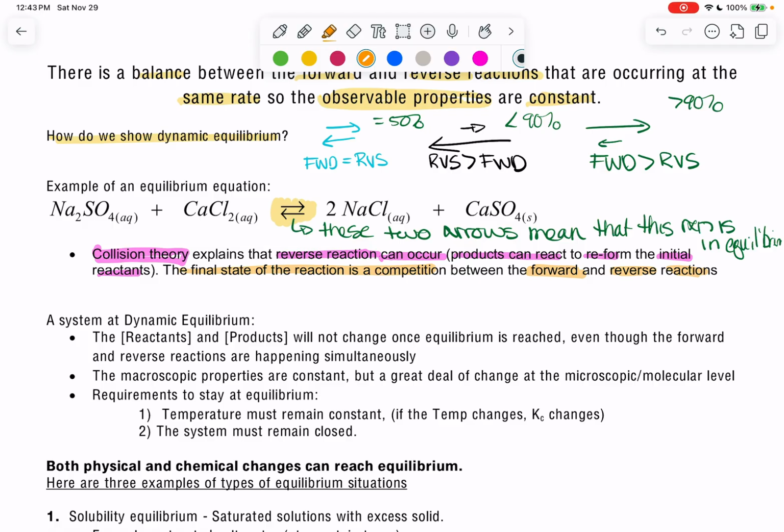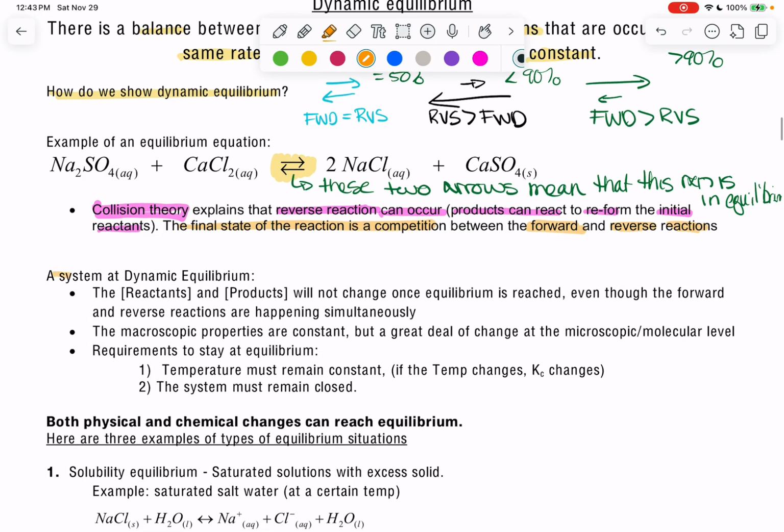So when a system is in dynamic equilibrium, the concentration, so the square brackets mean concentration, of reactants and the concentration of the products will not change once equilibrium is reached. However, the forward and the reverse reactions continue to happen simultaneously.